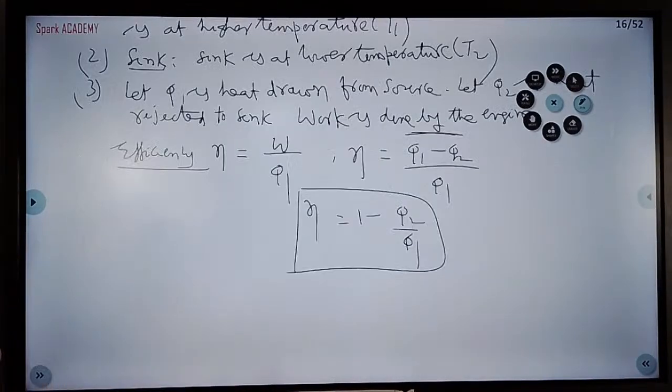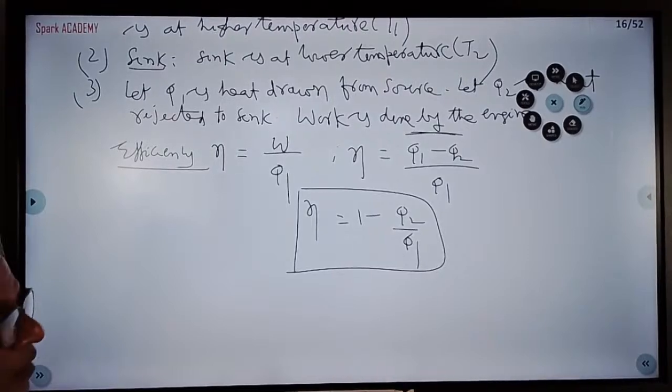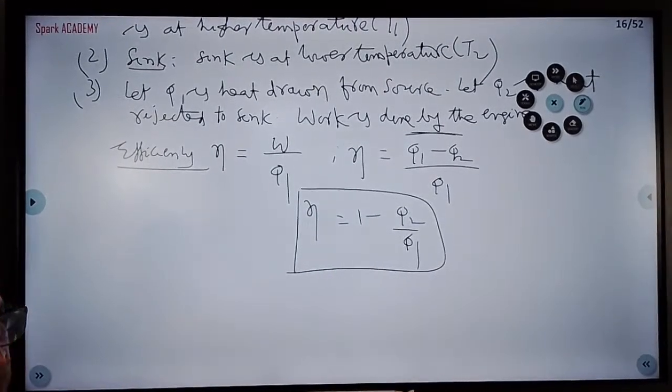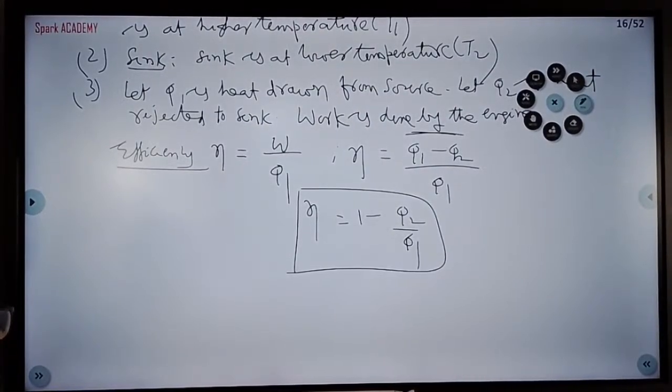This is the formula for the heat engine. Source is always at higher temperature, sink at lower temperature, and work is done by the engine. Let us say 100 joules is drawn, 30 joules is rejected to the sink, and the remaining 70 joules is work done.